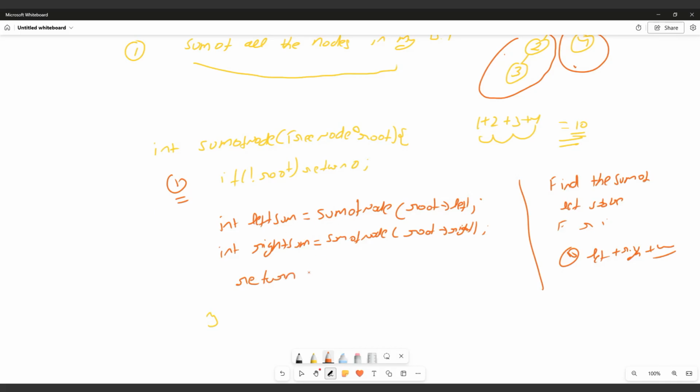Return leftSum plus rightSum plus this root's data. Finish. Only 4 lines of code. Guys, class, is it clear? How we are writing this function? Guys, is it clear?